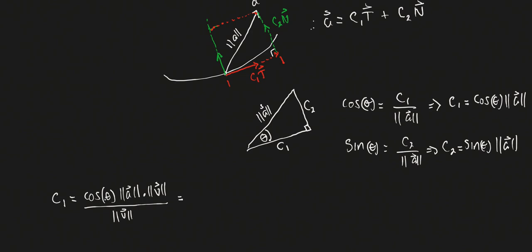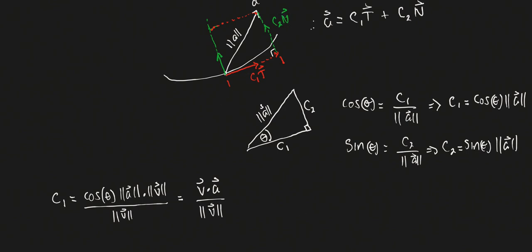So this tells me that the numerator here of C1 is V dot A, and the denominator is the speed, which I'll just keep on writing as the magnitude of V. So this gives me a way of figuring out what the scalar is that we'll have to multiply our unit tangent vector by to get that component of acceleration parallel to the normal vector.